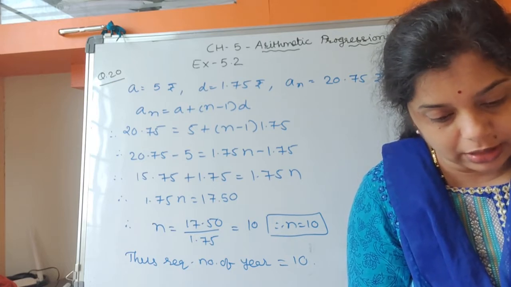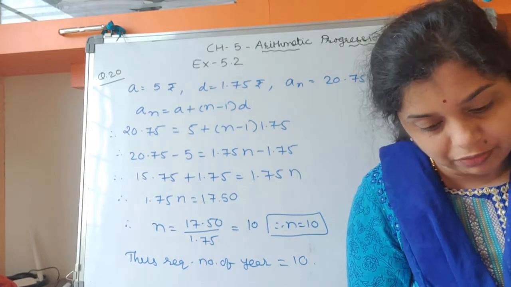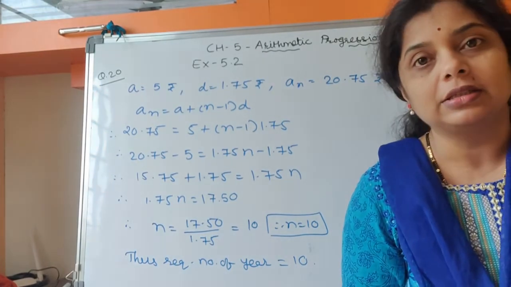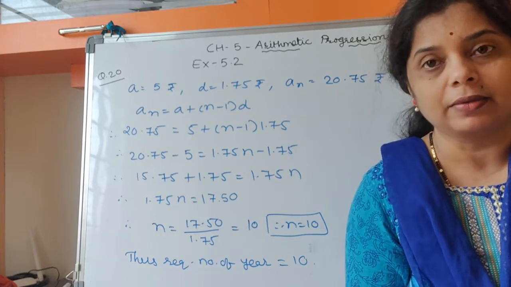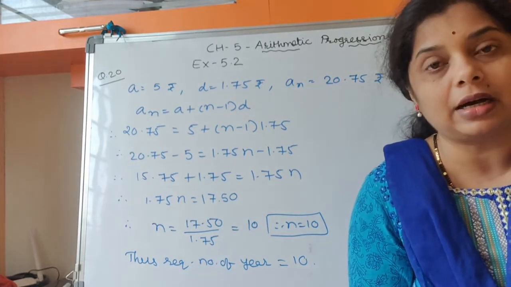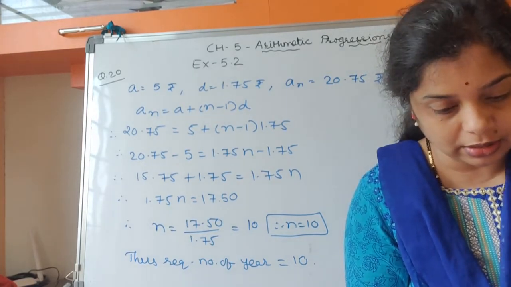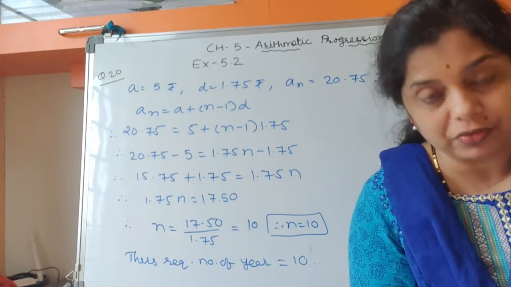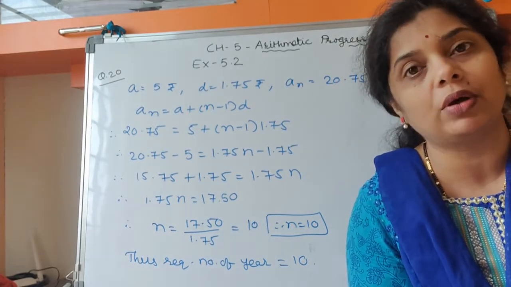If in the nth week her weekly saving becomes 20.75 rupees, find n. See, this is the type of question we just did, right? So you can easily get the idea that Ramkali's saving at the end of the first week is 5 rupees and increasing weekly by 1.75.